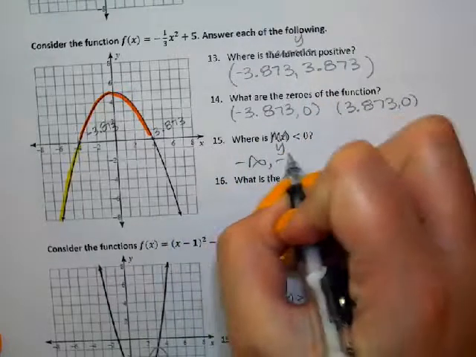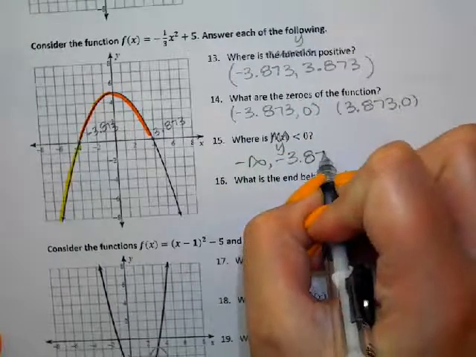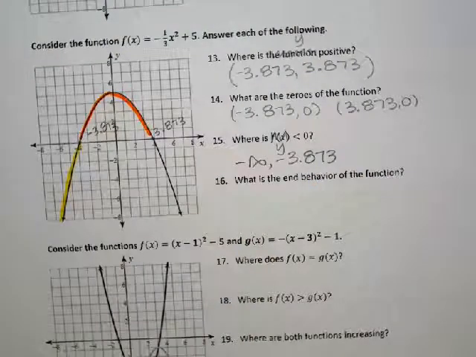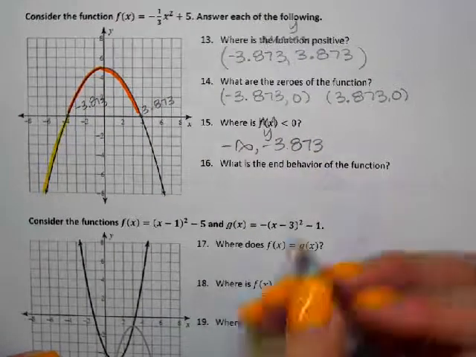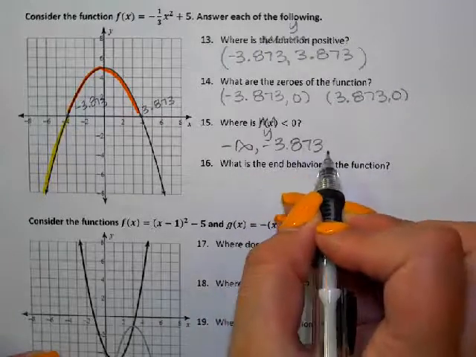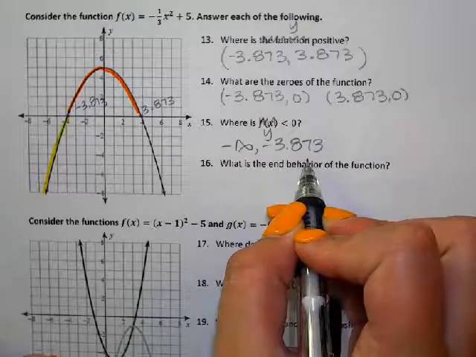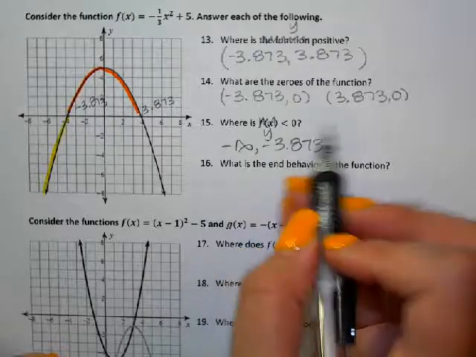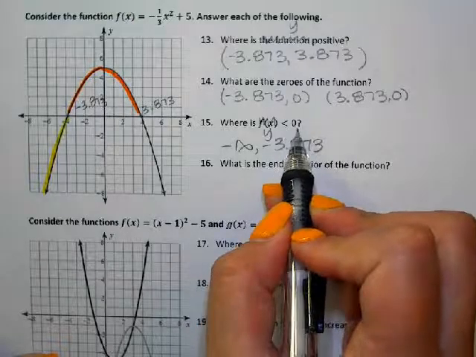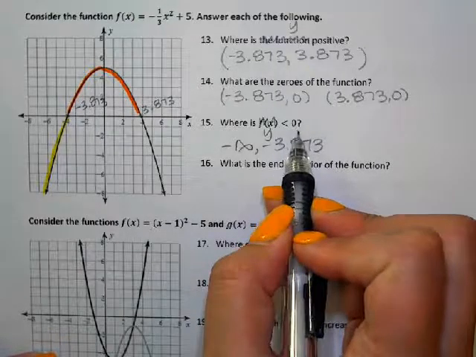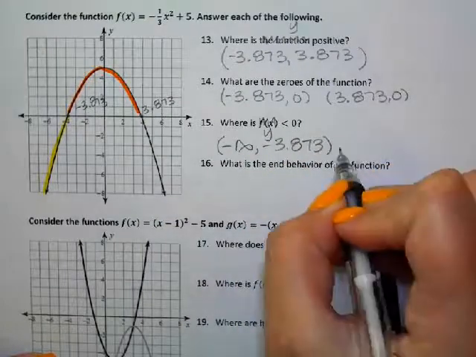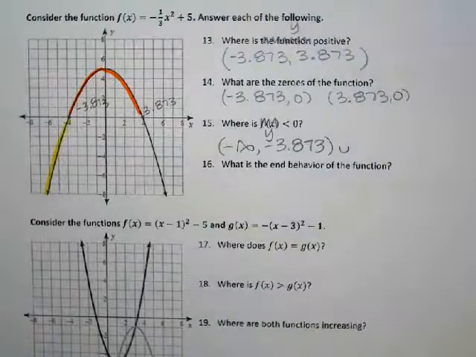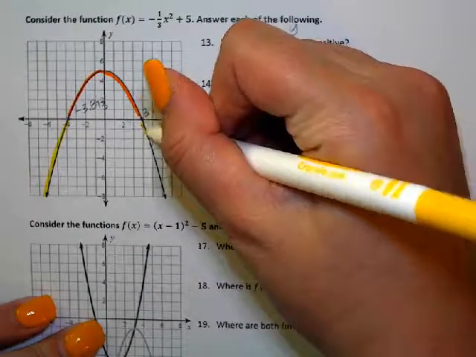Brackets, parentheses, what should we put around it? Look at the question. Parentheses, because this time it didn't equal 0. Ooh, I switched it from the last set of questions. So parenthesis on both. And then I got a U because I'm going to have 2 answers. And then what's my other answer? Perfect.